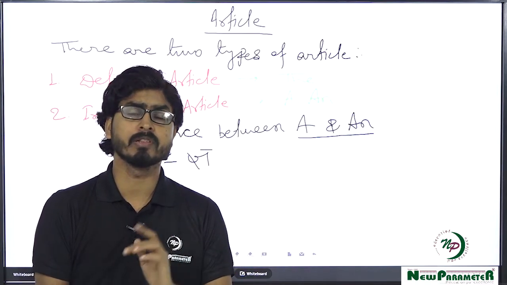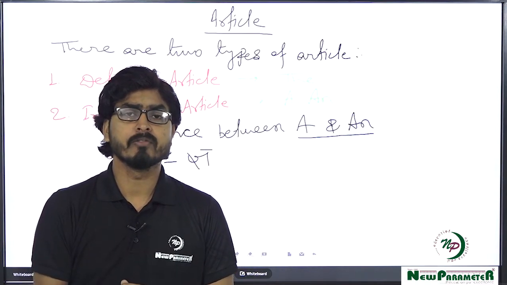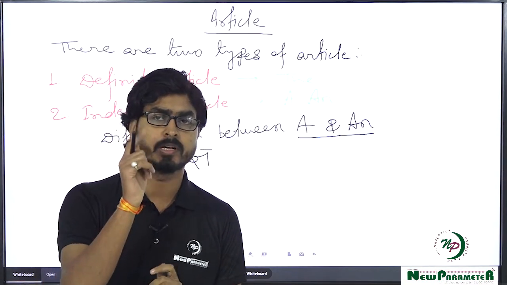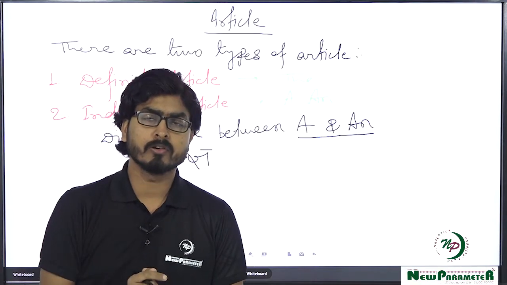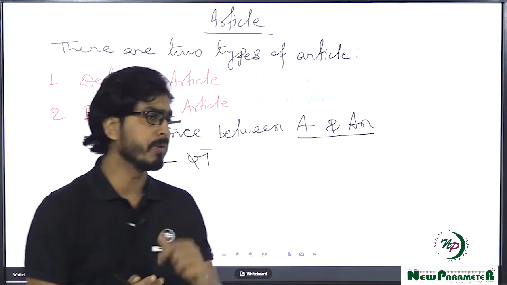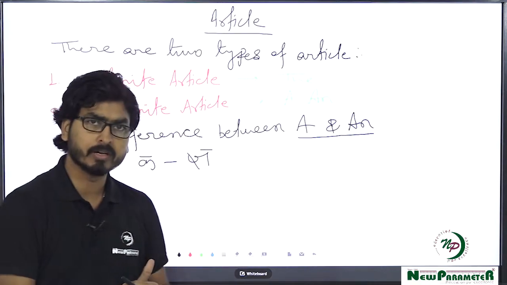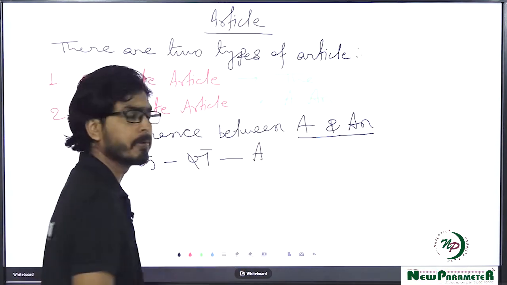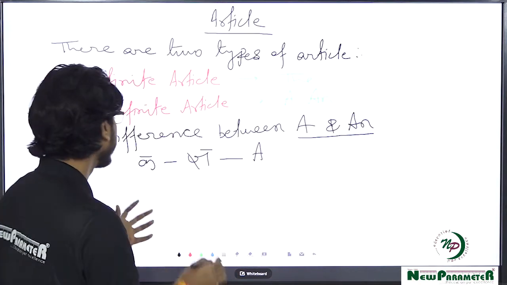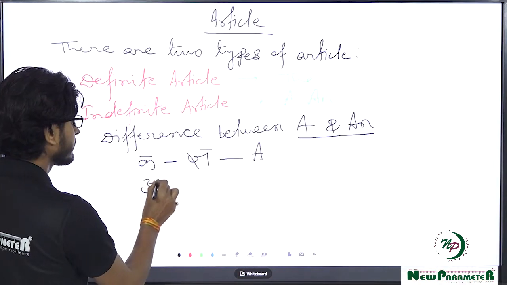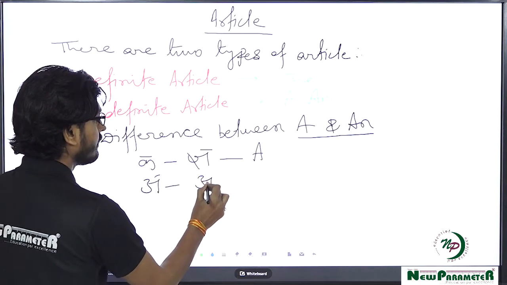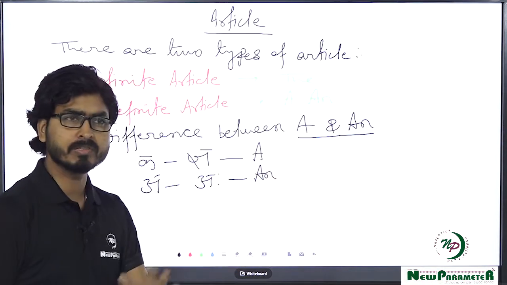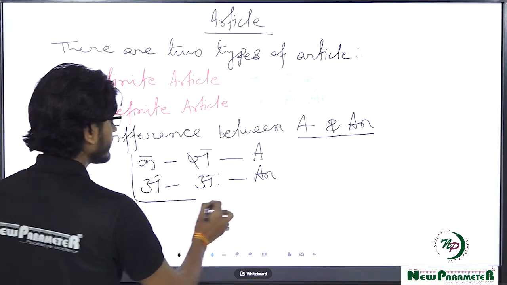We have to do only one thing. When we speak any word, we have to just find out the pronunciation of the first letter. If the pronunciation of the first letter falls between ka and gya, we have to use only a. And if it falls between a and aa, we have to use an. It is very simple.